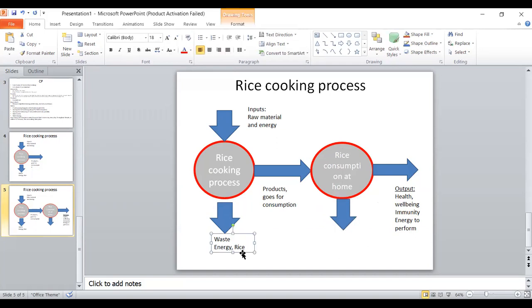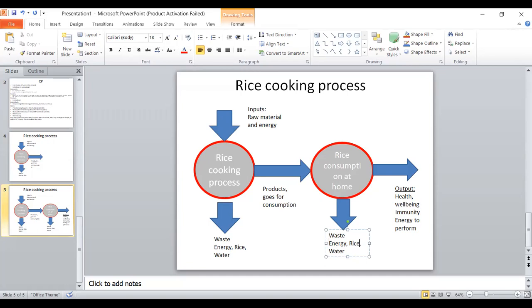We waste rice, even water is a waste, and energy.